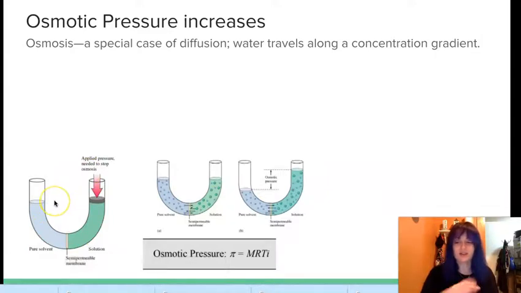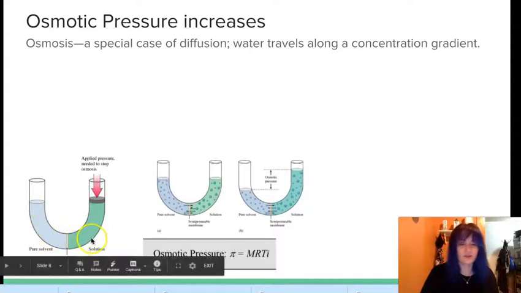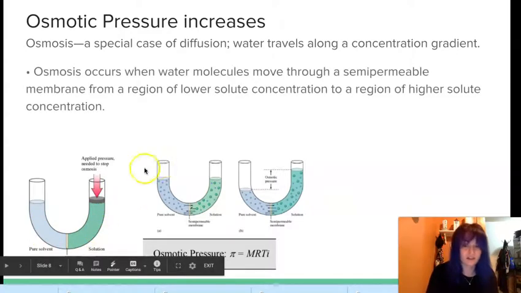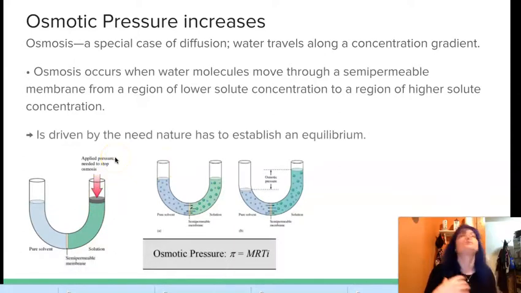What's going to happen is just naturally water is going to travel through the semi-permeable membrane, right? If the solute, the salt, is unable to pass, then water will travel from the lower concentration to the higher concentration of salt. The reason for that is it's going to try to reestablish an equilibrium of concentration.